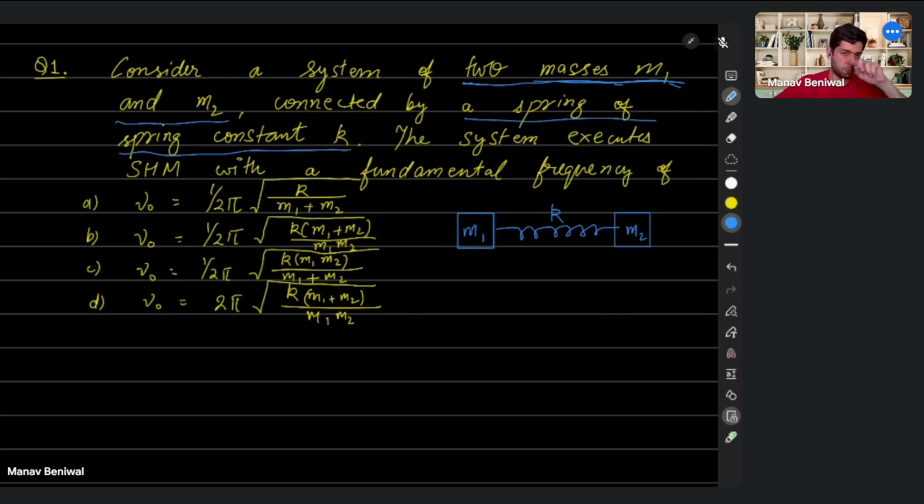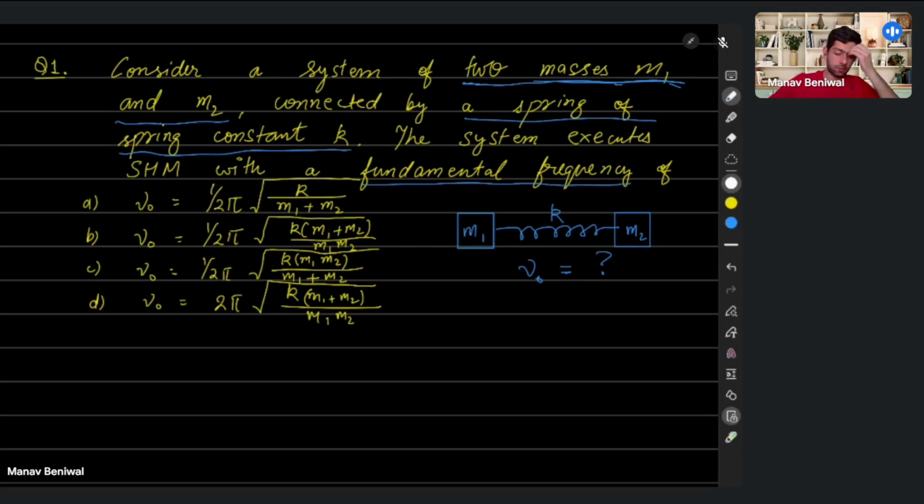So k, m1 and m2, and we have to find the fundamental frequency of SHM. Okay, so we have to find what will be nu naught. So how do you solve this one?